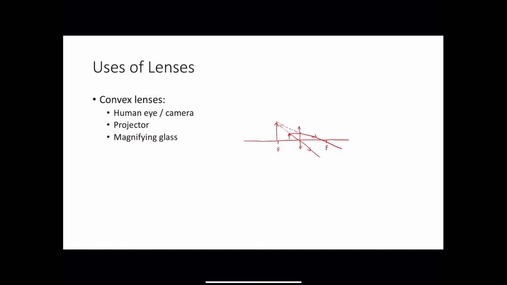Concave lenses are a little bit more tricky when we come down to narrowing uses. The main thing that I can think of that concave lenses are actually used for are stage lights. Now, obviously, if you've got something like a stage light, so here's my rough drawing of a stage light, okay, so there we go.